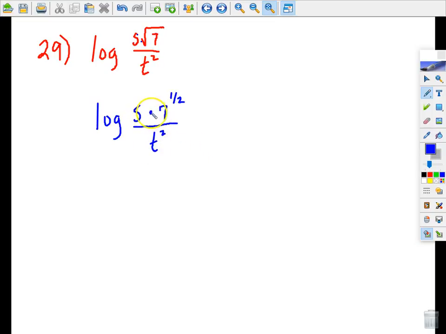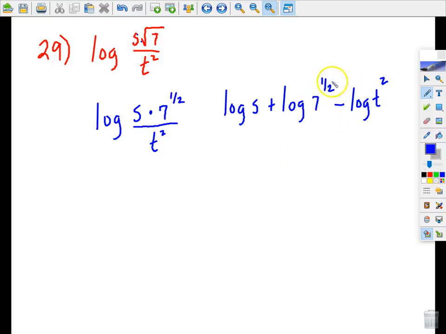So at this multiplication, I'm going to expand into two different logs in addition. Log S plus log 7 to the 1/2 power. And now where there's division, again, I'm going to expand using subtraction, log t squared.